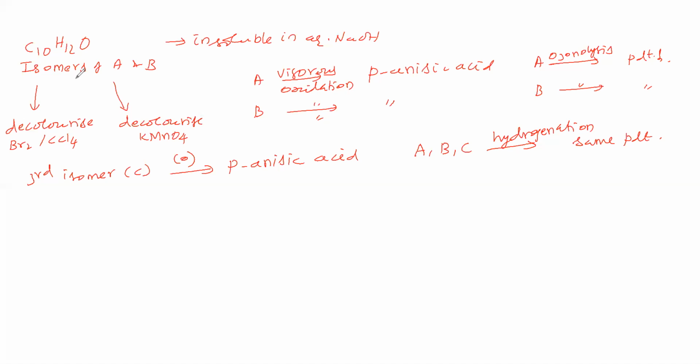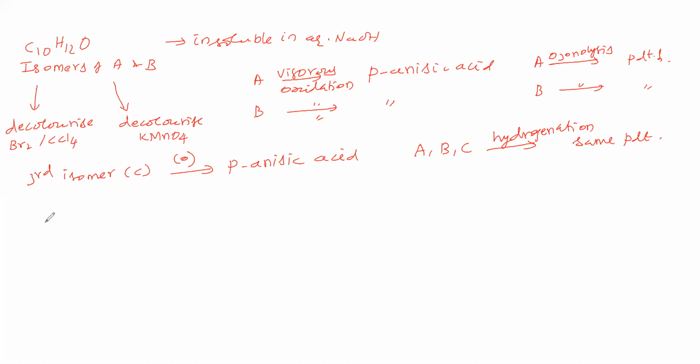Then here C10 is there. If the number of carbon atoms is more than 6, then we have to think on both sides: the aliphatic side and the phenyl, benzene side also. For that we have to see the hydrogens. How to check whether it has a benzene ring or not?